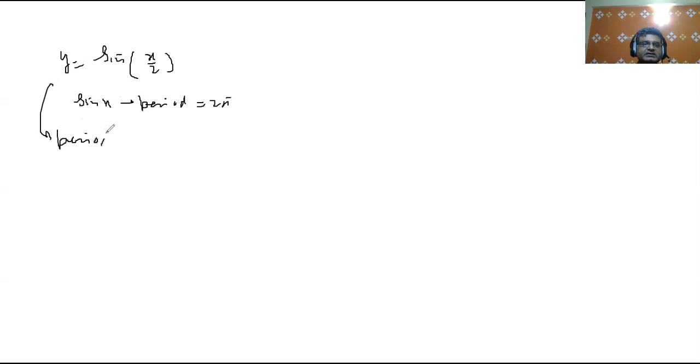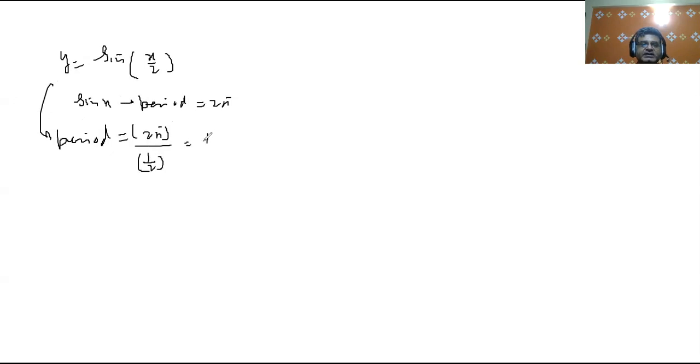Now, y is equal to sin x by 2. The period of sin x is equal to 2 pi. So in this case, the period will be 2 pi divided by 1 by 2.